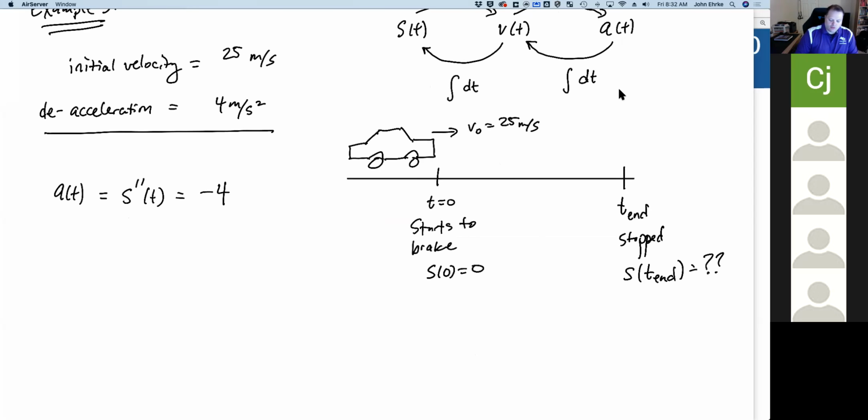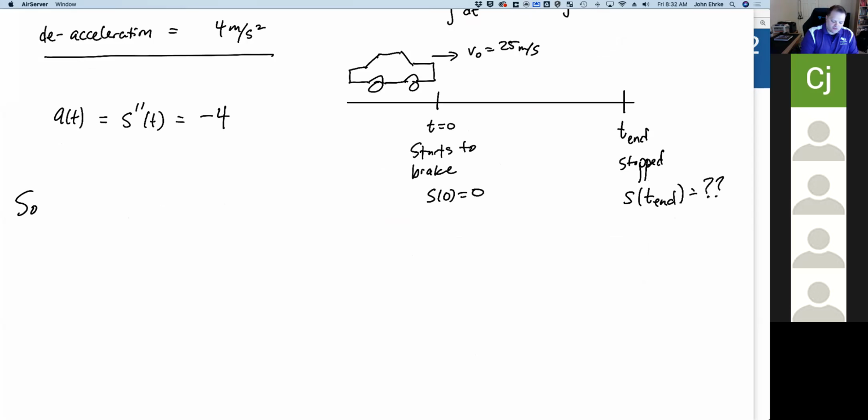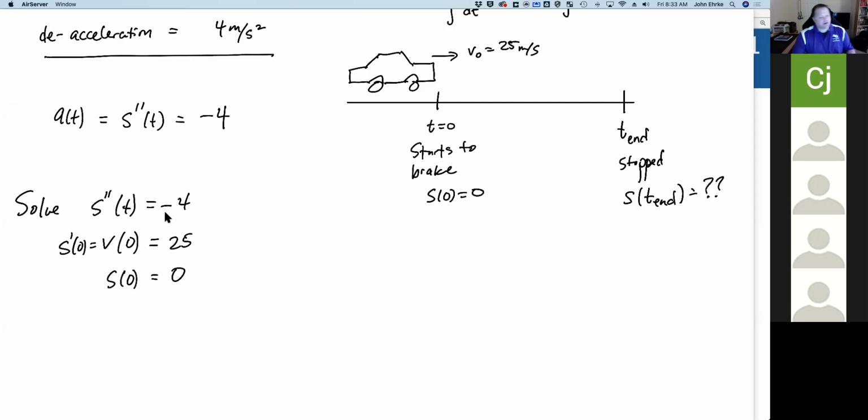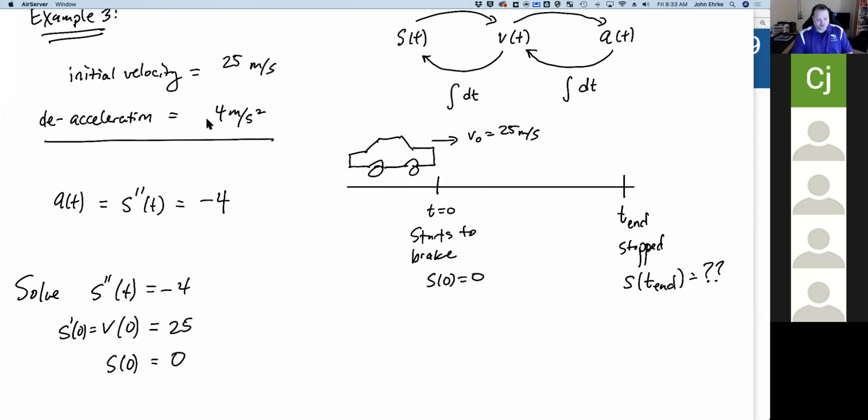What you're being asked to do is solve S double prime of t equal to -4 with V of 0, which is S prime of 0, equal to 25, and S of 0 equal to 0. So this is exactly like the problem we just got through doing. It's a second derivative, and you have two pieces of information to get you back to the original function.